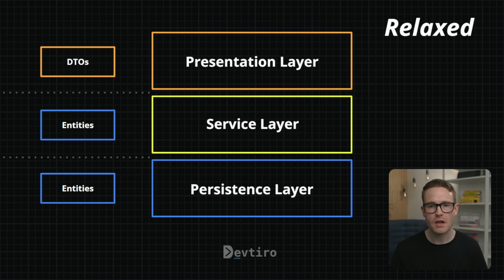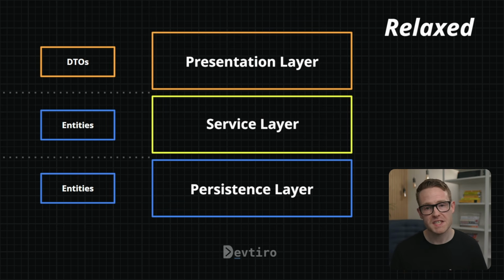Now it can be quite a lot of work to manage all of these different objects and all of these different layers. So it's not uncommon to be a little bit more relaxed. And what that means is that when you call methods in the service layer, it's acceptable to get entities back rather than dedicated service layer objects. Perhaps it's best practice to return dedicated service layer objects, but in reality, you often do get entities back.